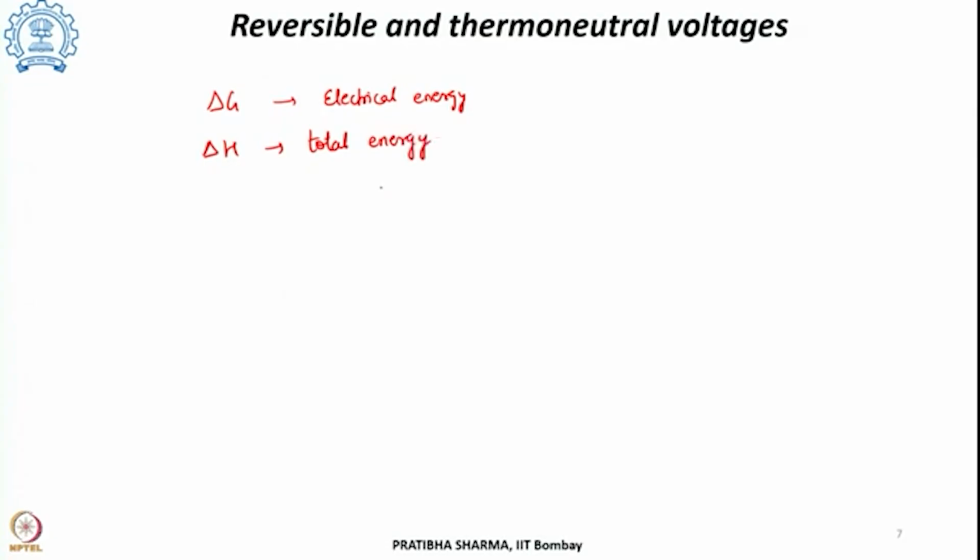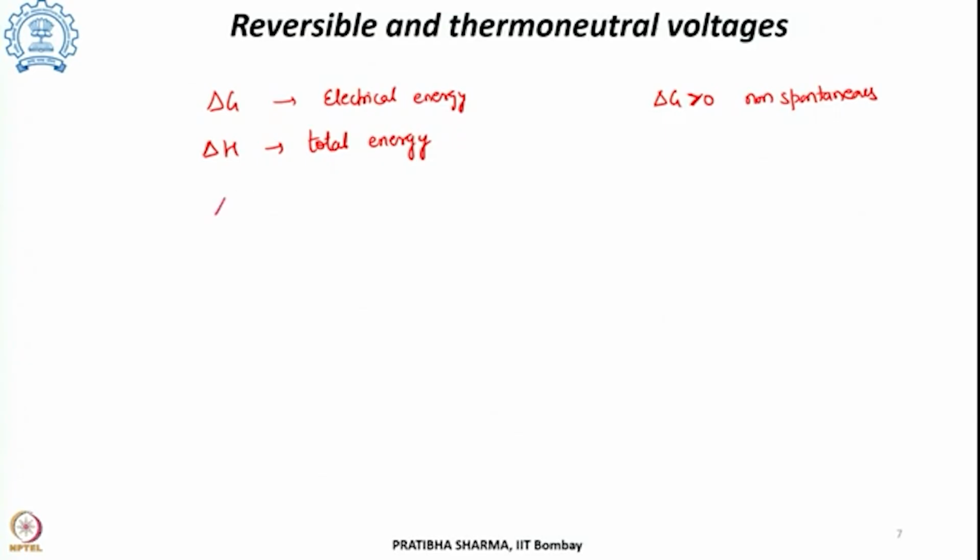A certain percentage of it is coming from the T delta S term. Now, as we have seen, delta G is greater than 0 in case of electrolysis. So, the process is non-spontaneous and we have to supply the required energy in order to accomplish the decomposition.